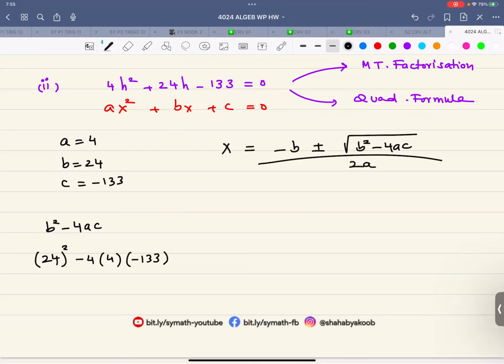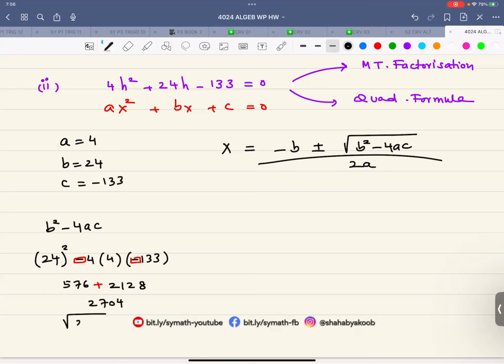I need to use the calculator. So that is 4 into 4 into 133. That is 2128. Also keep in mind, this negative becomes a positive over here. 24 square is 576. So let me add 576 to it. That comes out to be 2704.